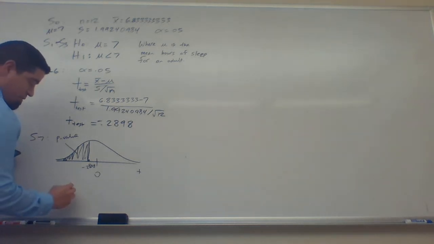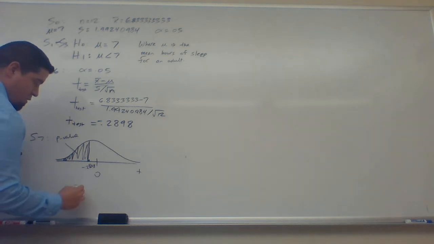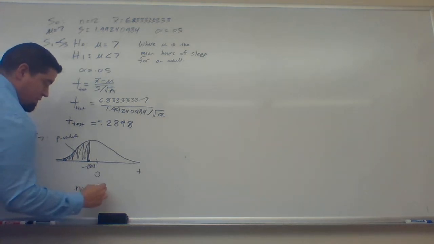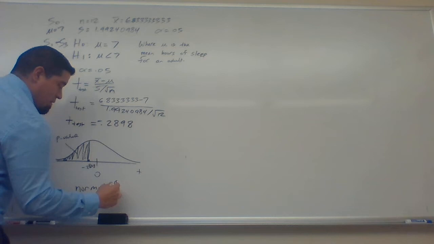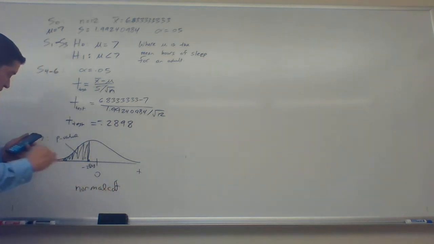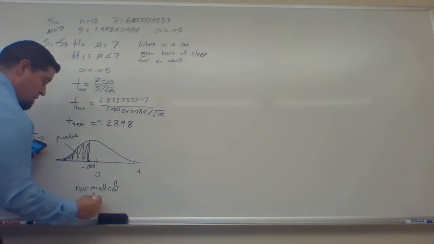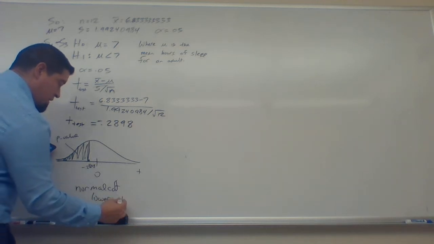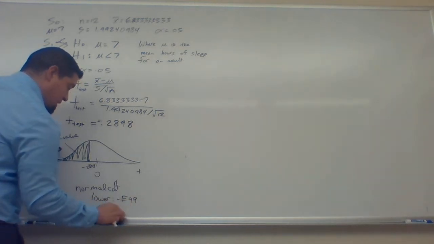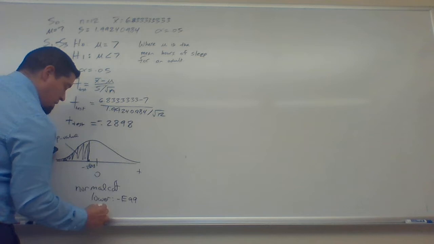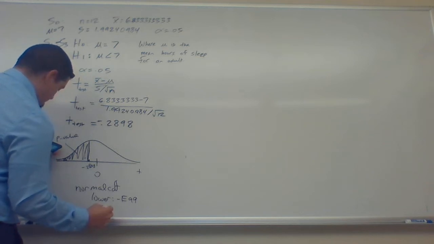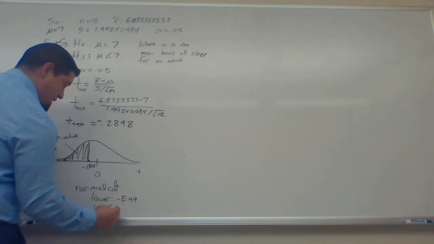We're going to find the p-value by doing normal CDF. Normal CDF of that, with the lower bound, I'm sorry, negative infinity, which would be negative e to the 99, and the upper bound negative 0.2899.